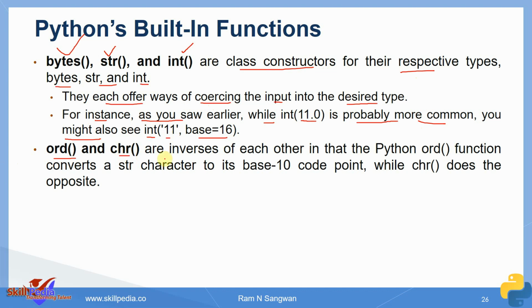The ord and chr functions are inverses of each other in that the Python ord function converts a string character to its base 10 code point, while chr does the opposite. So these are Python's built-in functions, bits and bytes, character encoding.